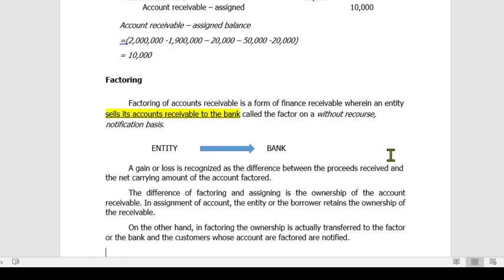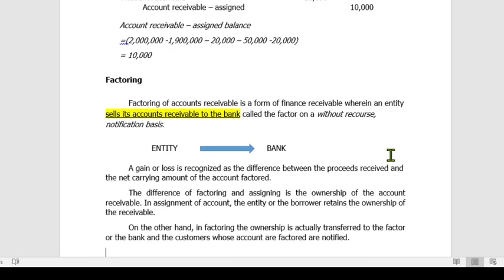Ang ibig sabihin ng without recourse na yan ay, for example, yung receivable account na ibinenta mo sa kanila ay hindi nagbayad kay bangko, pwede ba siyang bumalik sa'yo bilang entity at sa'yo kolektahin yung hindi niya nakolekta doon sa mga binenta mong accounts receivable?